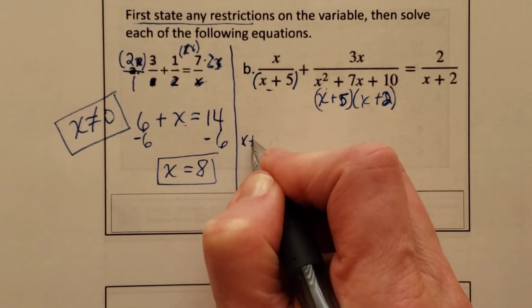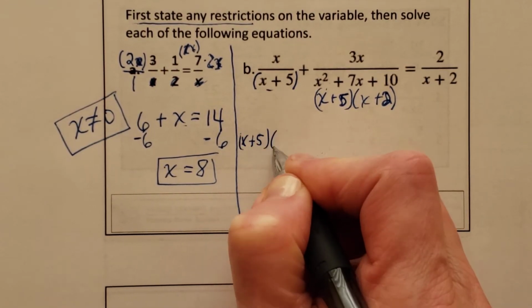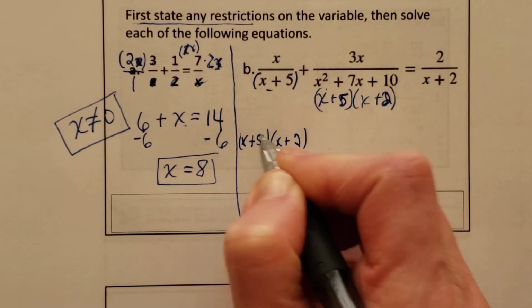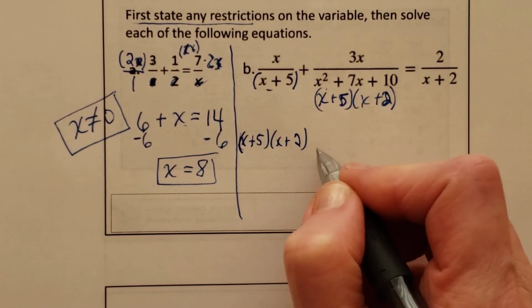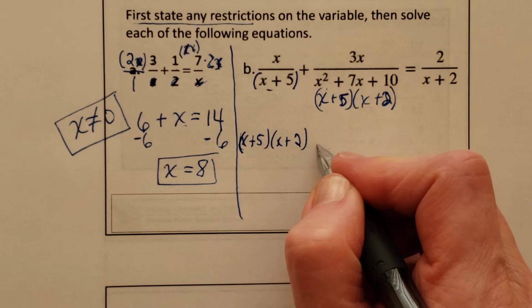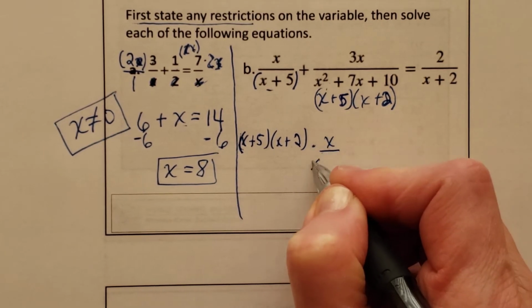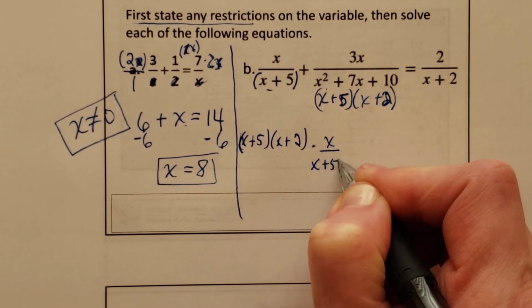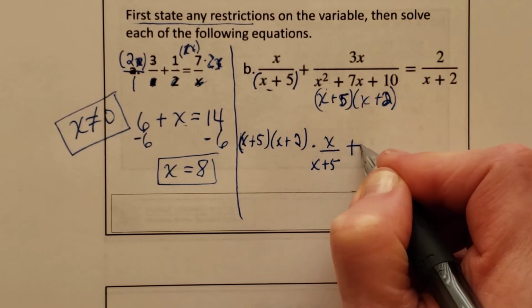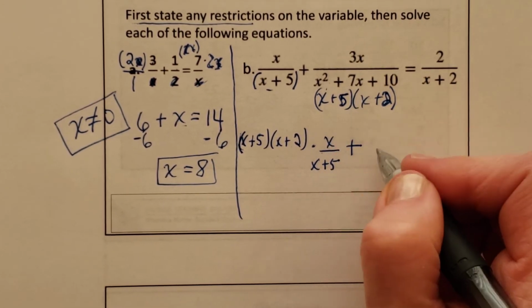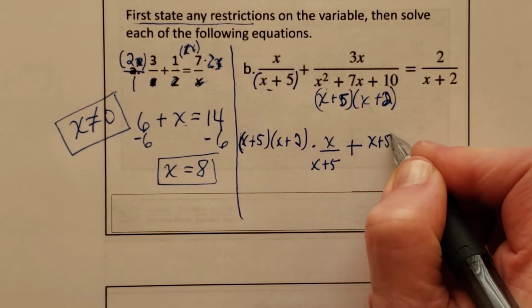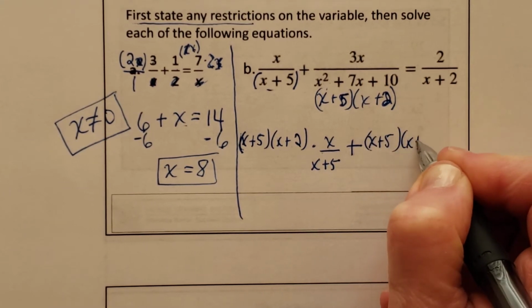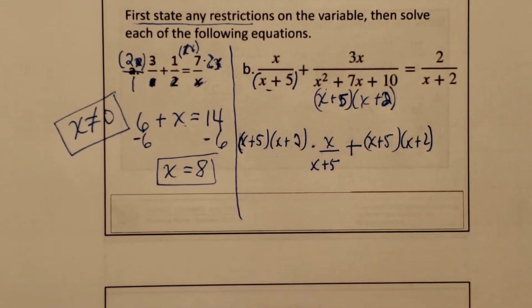Every single term, I'm going to multiply by our least common multiple. So there's a least common multiple times x over x plus 5, plus, I'm going to bring down, I'm going to multiply my least common multiple by this whole term.